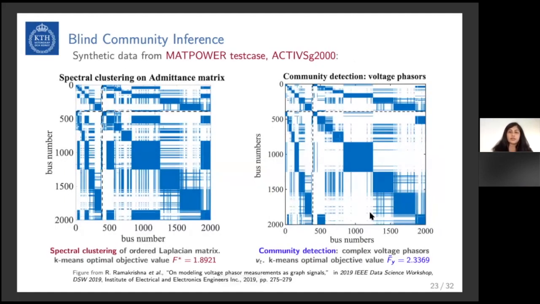And here I have a small diagram, which is reproduced from a figure in our paper. So this is comparing spectral clustering, which is the standard when you know the underlying graph Laplacian, to community detection when you don't know the underlying graph Laplacian, but all you have is access to a few samples of this graph signal, or the voltage phasors.